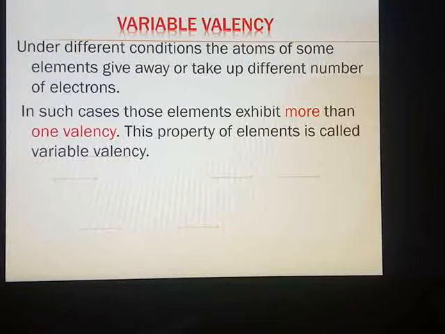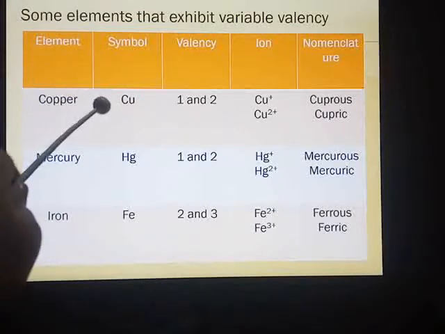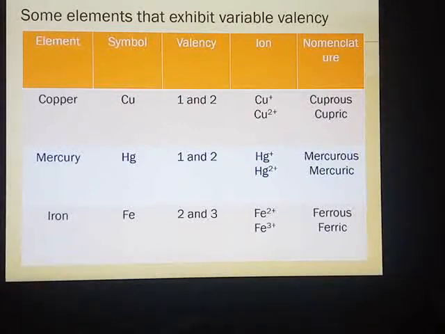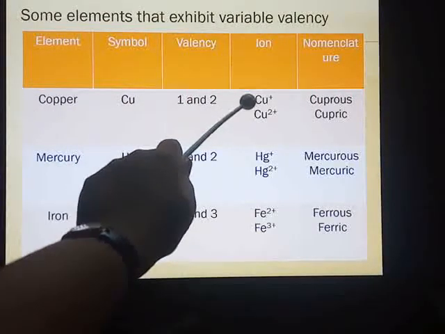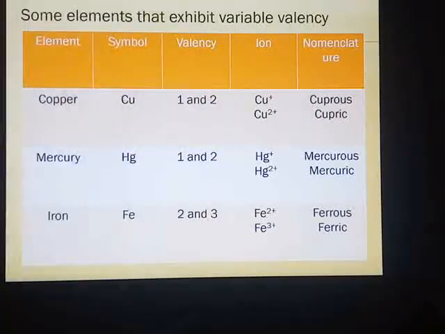Now there are certain elements which show variable valency. We will see which are they. One is copper, one is mercury, one is iron, having symbols Cu, Hg. Hg is derived from the Latin name hydrargyrum. Iron is derived from ferrum, so Fe. For copper valency is 1 and 2, forming Cu+ and Cu2+, cuprous and cupric.